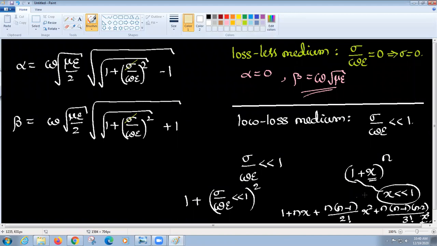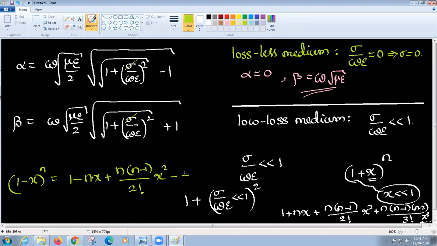So this is 1 plus x power n. What if I have 1 minus x power n? How do you expand this? You get 1 minus nx plus n into n minus 1 by 2 factorial x square, minus, plus, and so on.